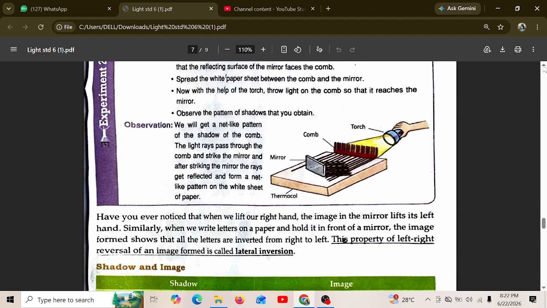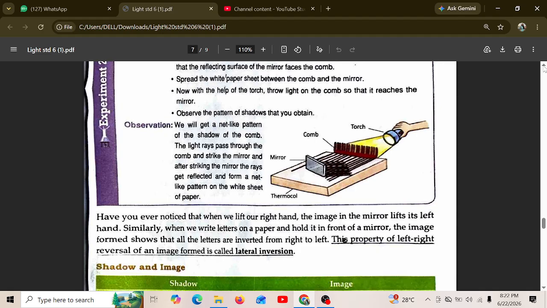The light passing through the comb reaches the mirror, and again a kind of shadow is formed. We observe a mesh-like pattern. We get this net-like pattern when the light rays pass through the comb and strike the mirror, and after striking it forms this net-like pattern on the white sheet of paper. Isn't it fascinating?